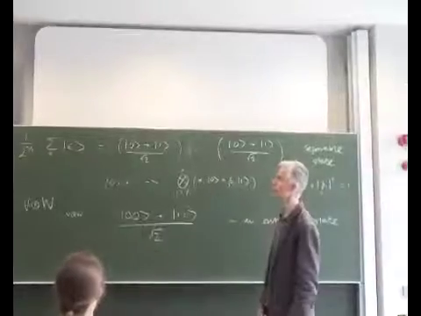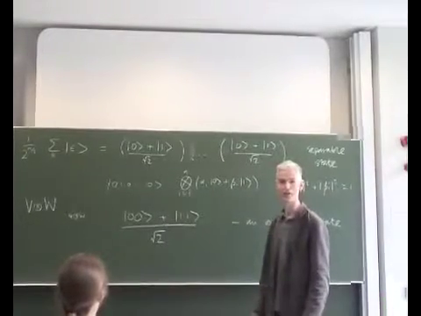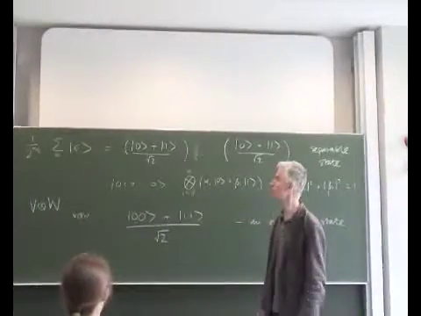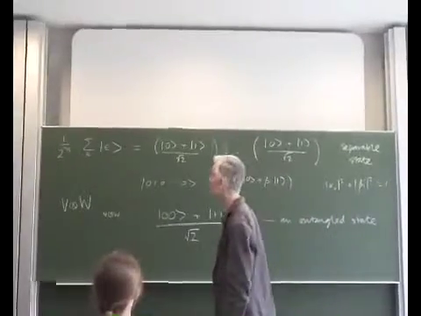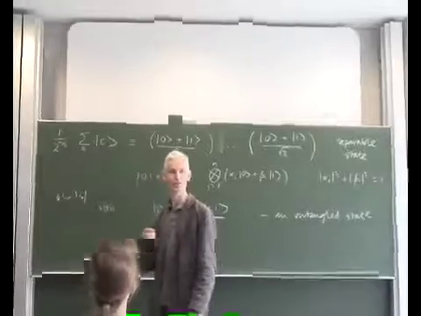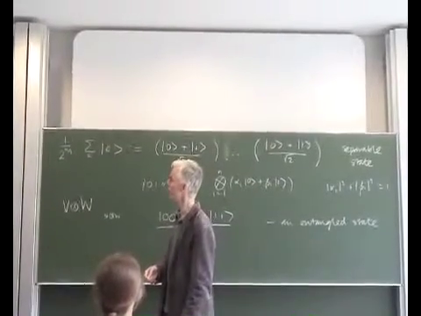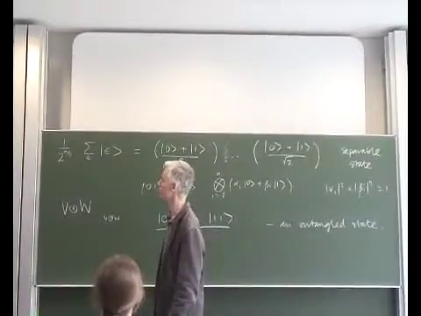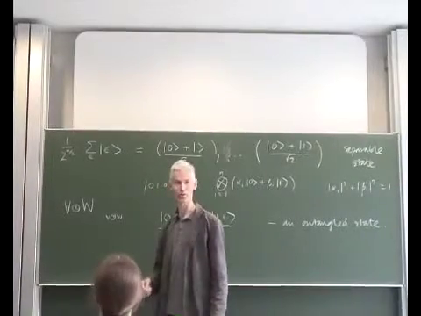So what happens to the rest of the state after you've done that measurement, after you've looked at the first bit? Well, it just does the most natural thing it could possibly do. It projects onto the subspace of this Hilbert space, L2, that's consistent with your observation.